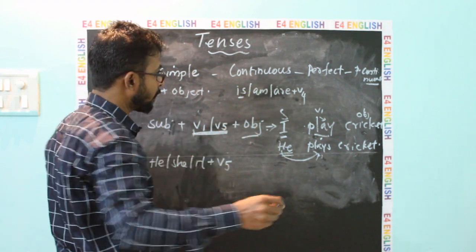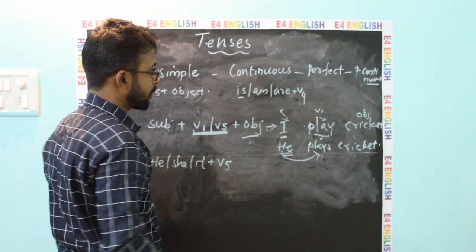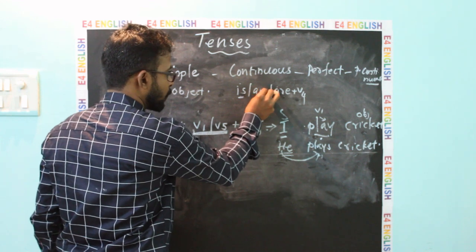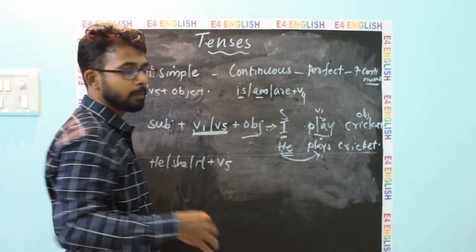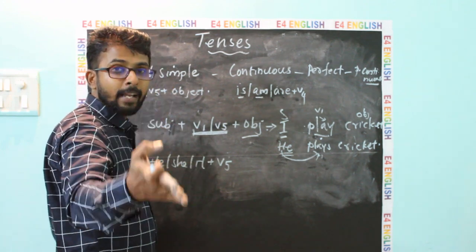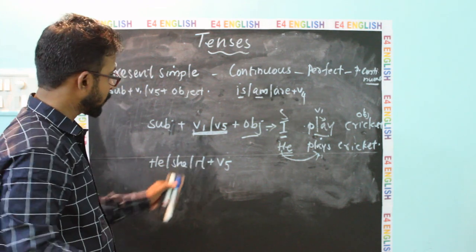He, she or it, we will use is. He is playing, she is playing, it is playing. Then with I, am. Am is only applicable with I. Are: we are, you are, they are, any plurals are. Got it? So now it is easy.